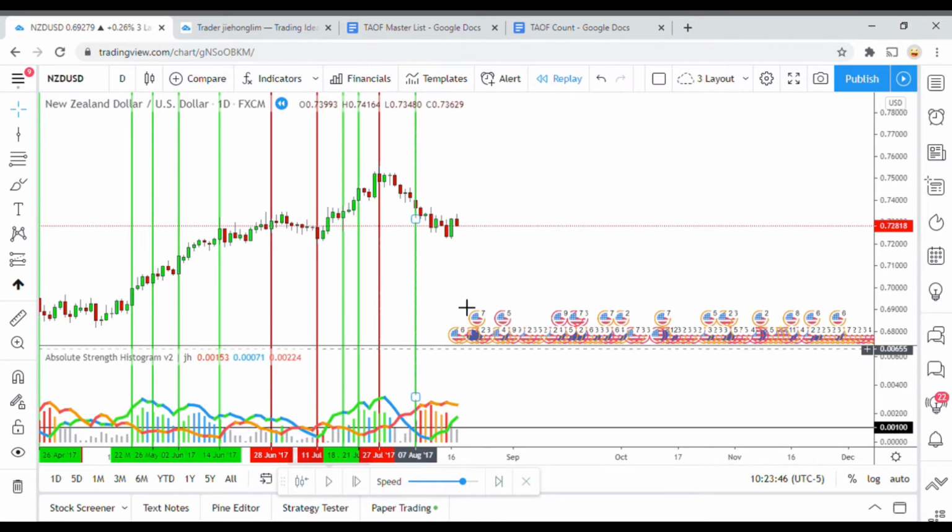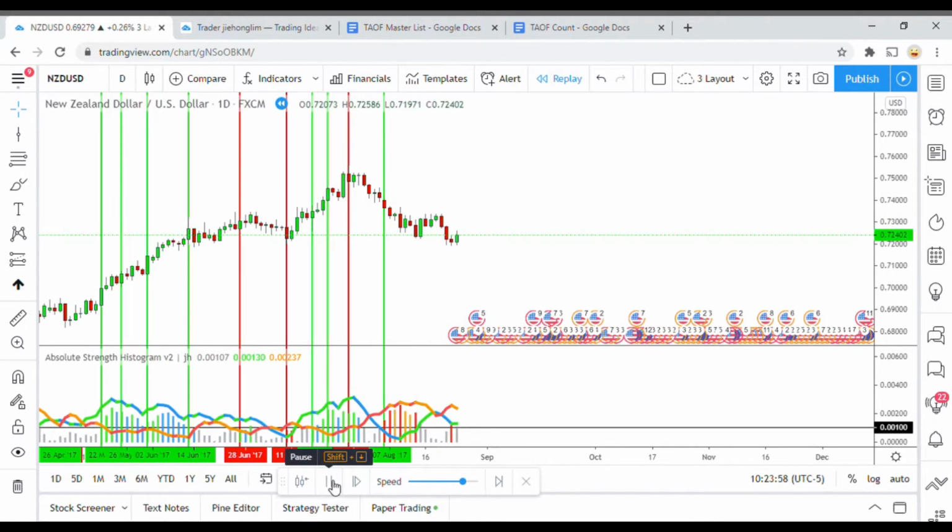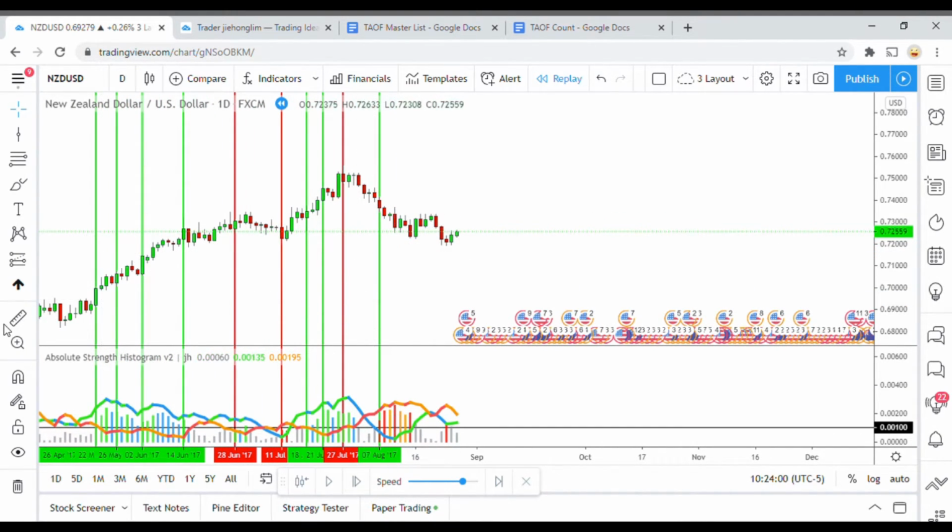Let's go ahead and play that out. I don't think that hit take profit. Let's measure it. It did not. Doesn't look like it stopped us out yet either. And there we go. We eventually hit take profit. Let's make sure. Yeah, we definitely did not get stopped out. So that would have worked out for us.